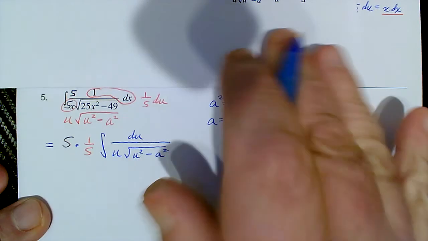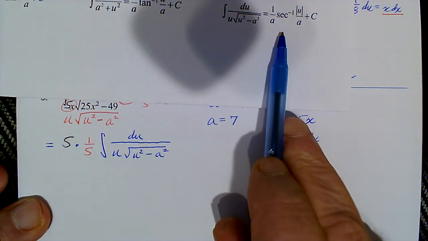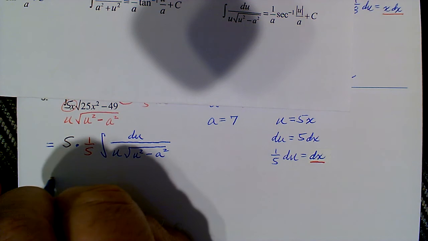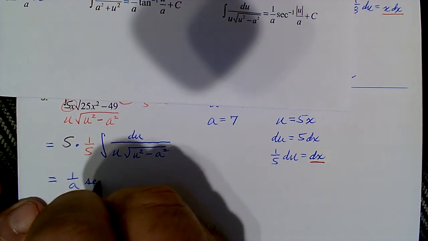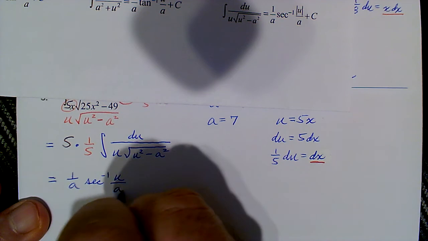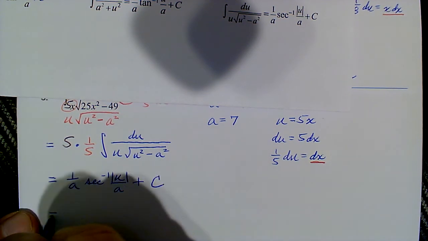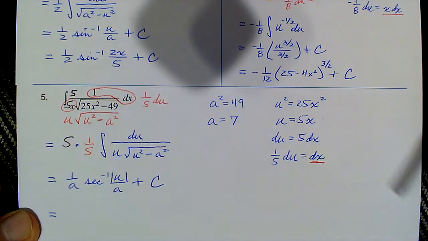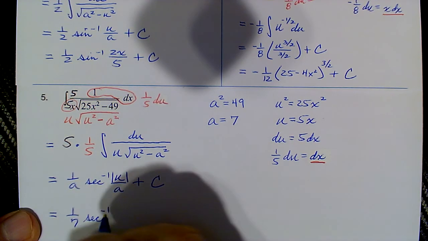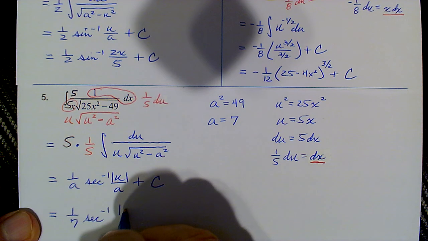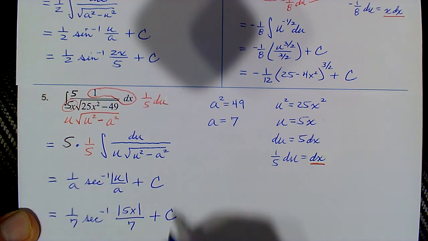And now it fits the form right here that results in 1 over a inverse secant of u over a. The 5 cancels with the 1/5, so we just get 1 over a inverse secant of the absolute value of u over a, plus a constant. Then we can back substitute, and a was 7, so we have 1/7 inverse secant, absolute value, u was 5x over a, which is 7, plus the constant.